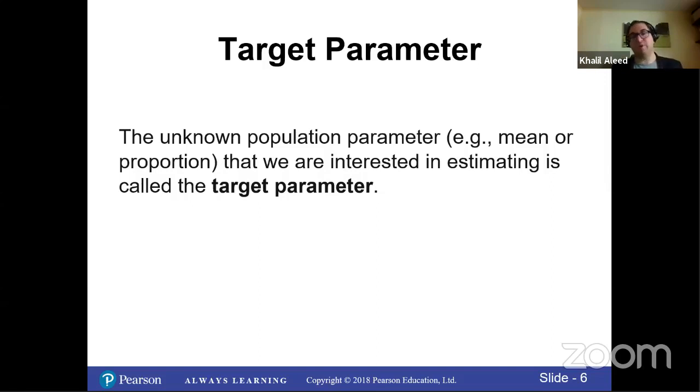My target parameter is the average income of American citizens, found by taking a sample of people. Or my target parameter is the average of students' grades in the past 5 years who studied with us, by taking a sample of the students in this class, calculating the mean of this sample to estimate the target parameter, which is the entire population mean.